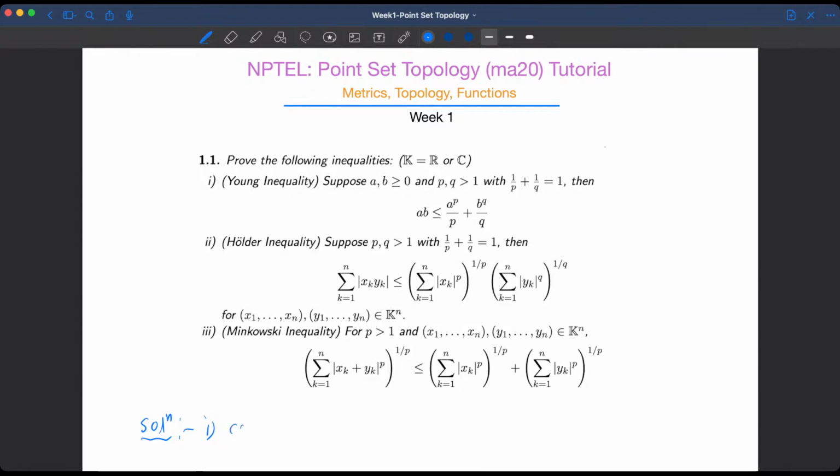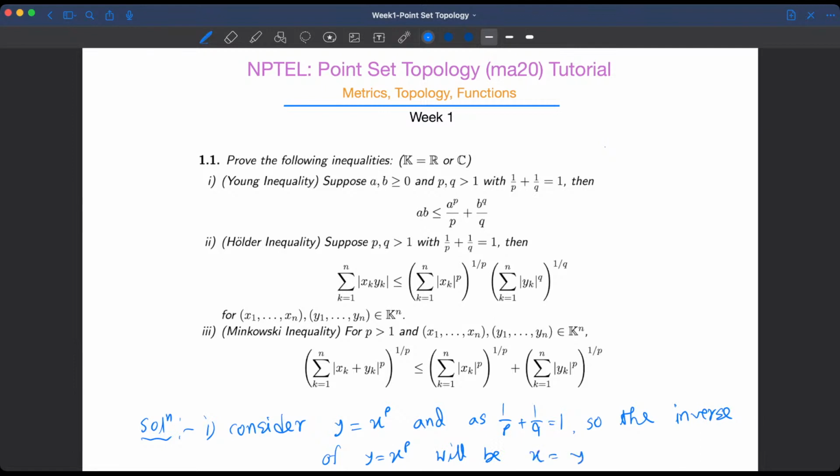Consider y equals x^p, and as 1/p plus 1/q equals 1, the inverse of y equals x^p will be x equals y^q.